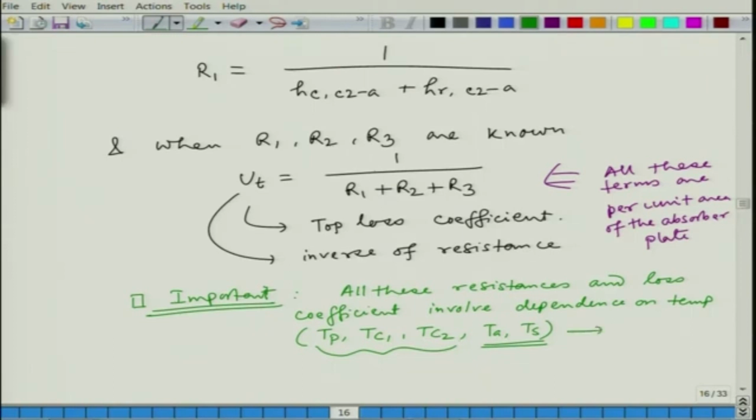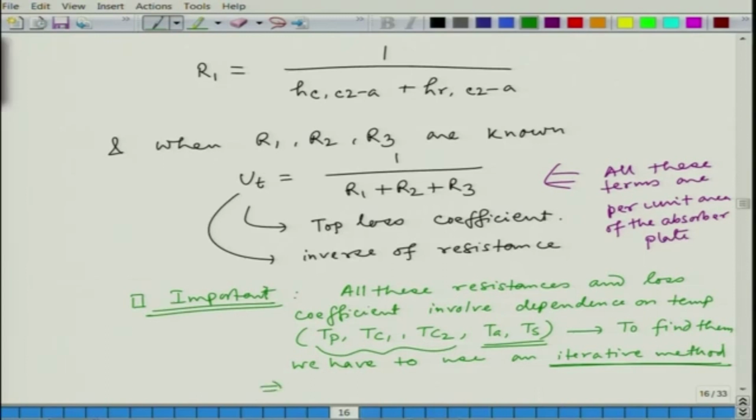So, as this temperature dependence is there, to find them we have to use an iterative method, right. Otherwise, for a certain temperature you find the heat transfer and then you solve it, it will have a different temperature. Then how can you rely on that particular value for the resistance, right.